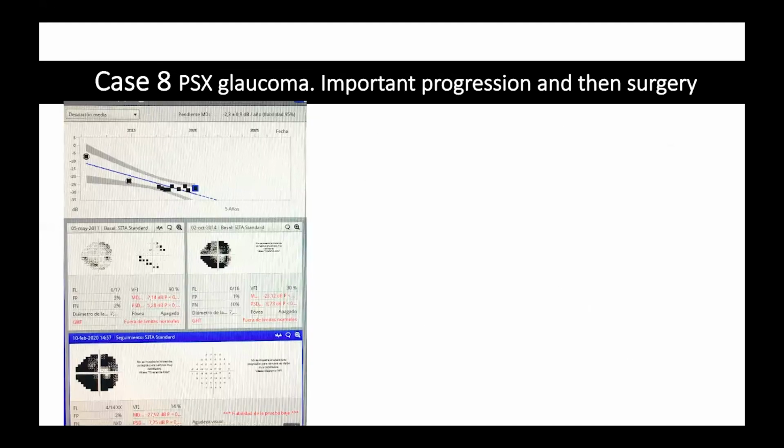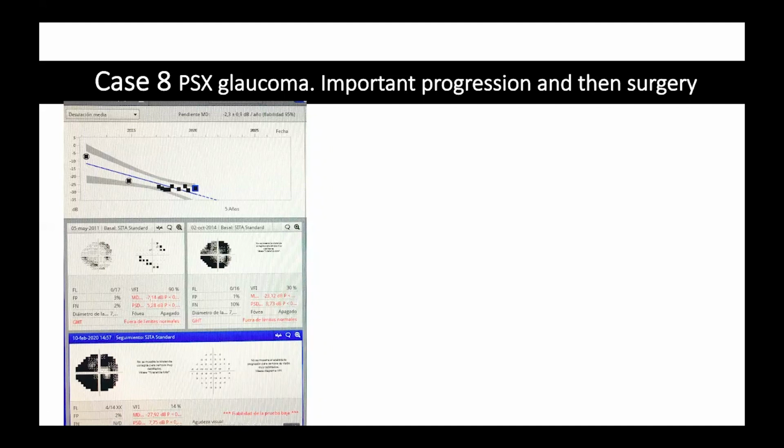And I have an example for this. This is a patient with a pseudoexfoliative glaucoma. He was not very compliant, and he came for some time, and then he didn't come anymore, and then he came again, and we were seeing a really fast progression. At this point, we did surgery, and then we can see how the curve starts to flatten, right? But we could improve these outcomes.